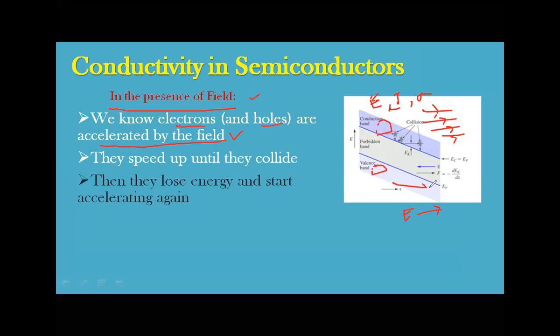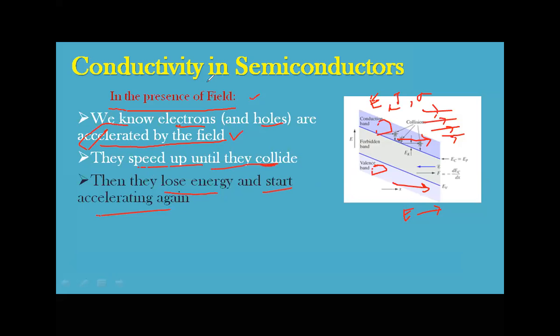Holes can move in this direction, electrons can move in that direction. Only the motion is different for holes and electrons, but there is acceleration. They speed up until they collide. They lose energy in the collision process, then start accelerating again.